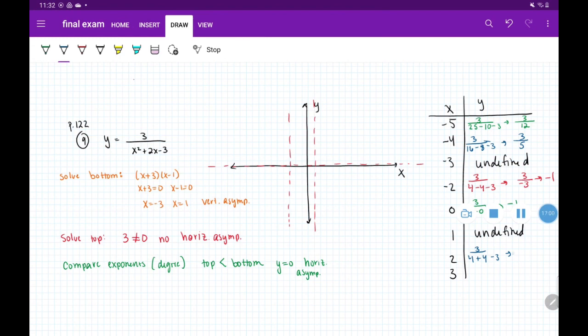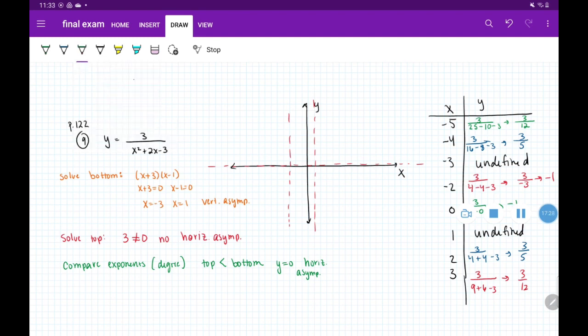What? Three-fifths. I'm seeing symmetry. And then 3 over 9 plus 6 minus 3. 15 minus 3. 3 over 12. Okay. I like it.